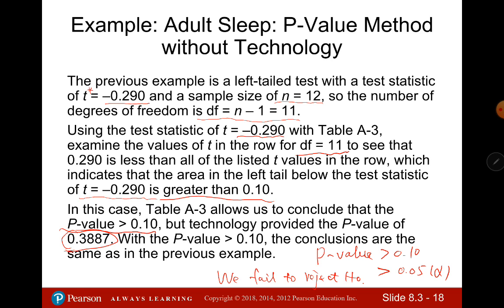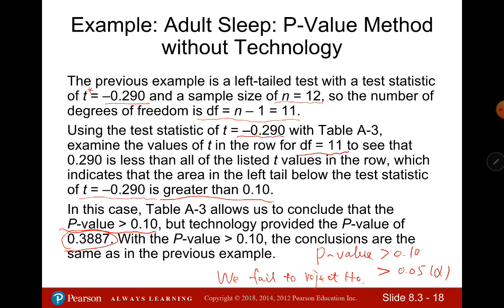The largest value here is 3.106. It's the very left one. And as we go to the right side, it goes smaller and smaller, but the smallest value in this row is 1.363.